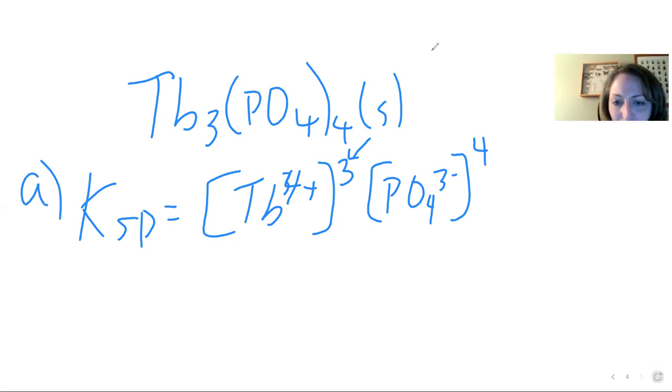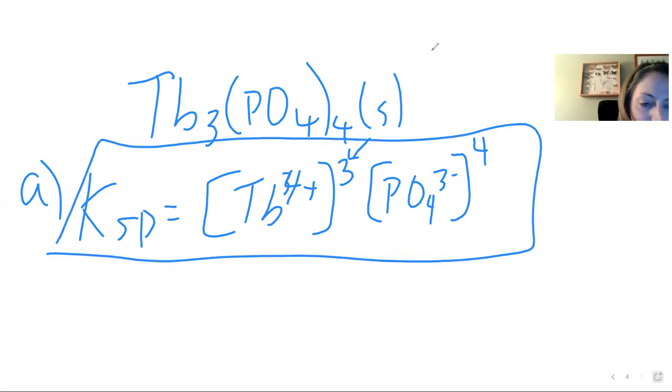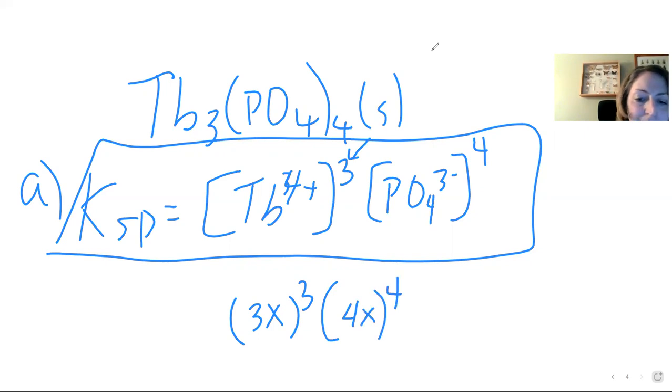But if you broke that down into x, just remember that this is the Ksp expression. If you actually want to solve for something, it looks a little different. If you set up an ice table, this would actually be 3x cubed, and this would be 4x to the 4th. But remember, x itself, if x was 0.001, then 3x would be 0.003.